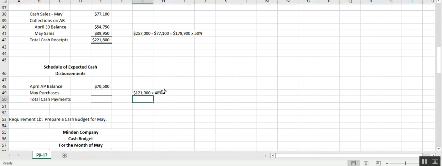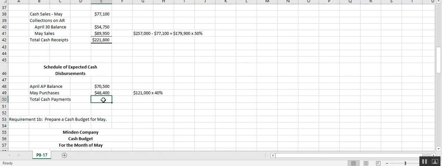There we go. So $121,000 times 40% is $48,400. So here's our schedule of expected cash disbursements, and these are cash disbursements for our inventory.